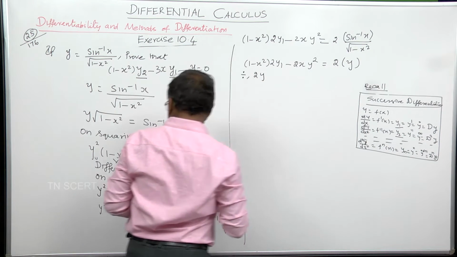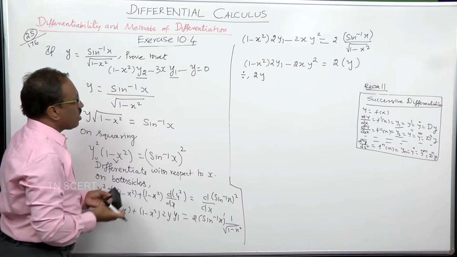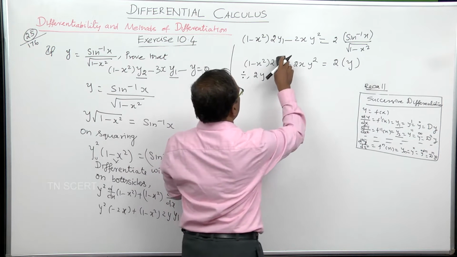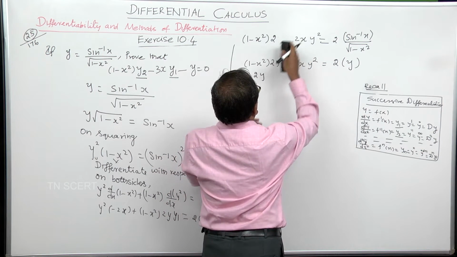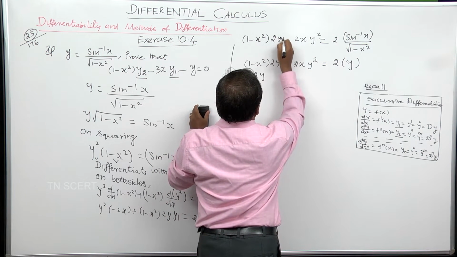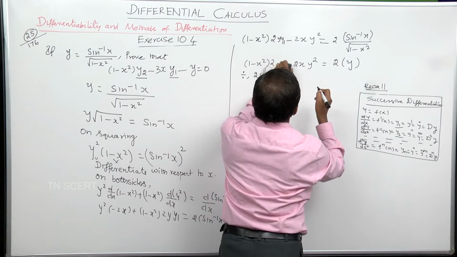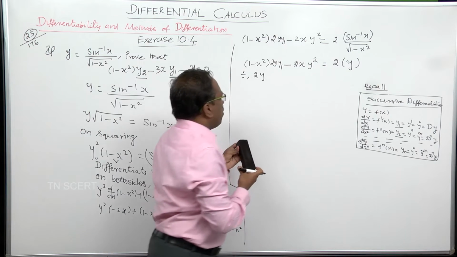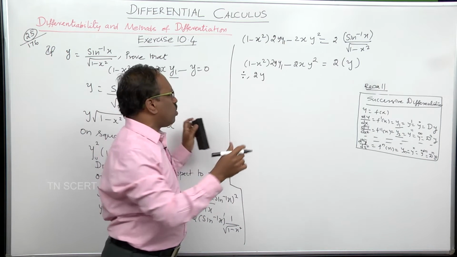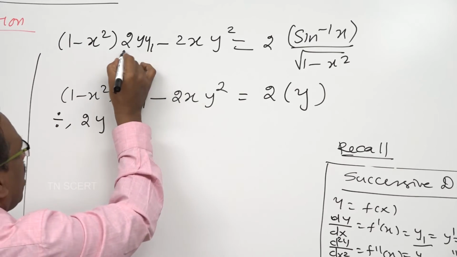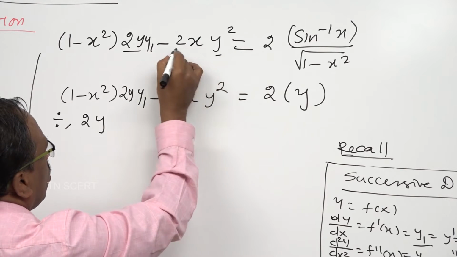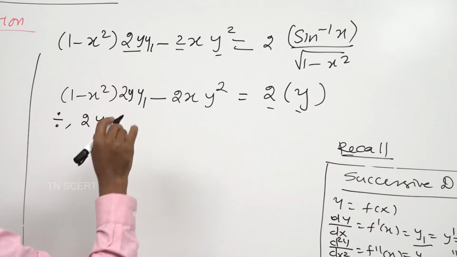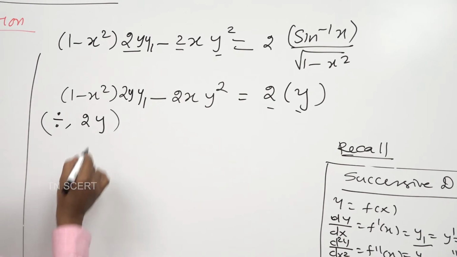Remember, here 2y, here 2y, here 2y, wherever 2y is there you cancel it.